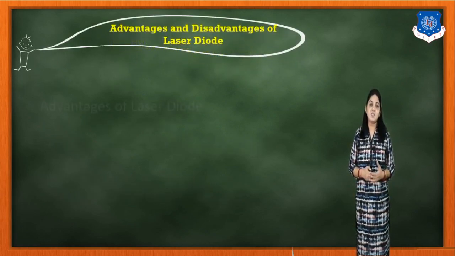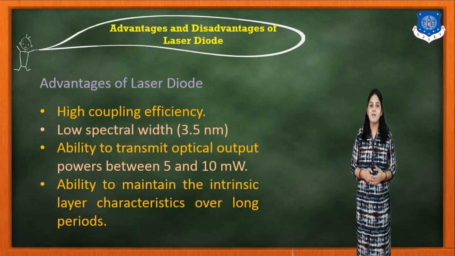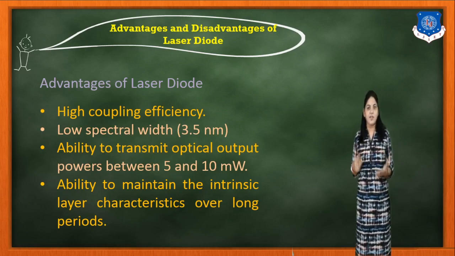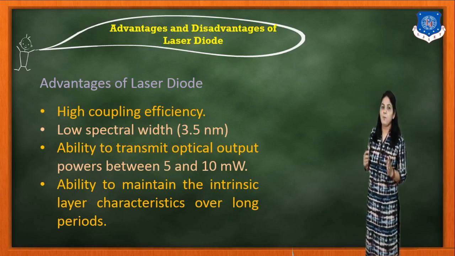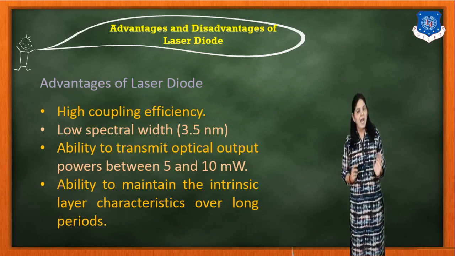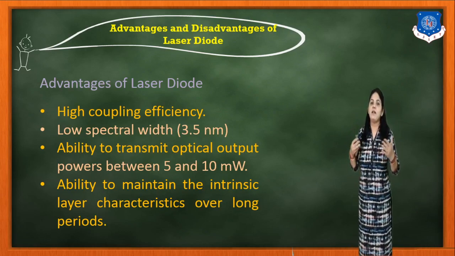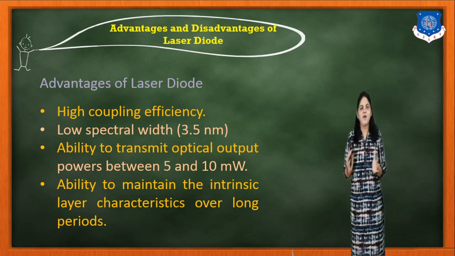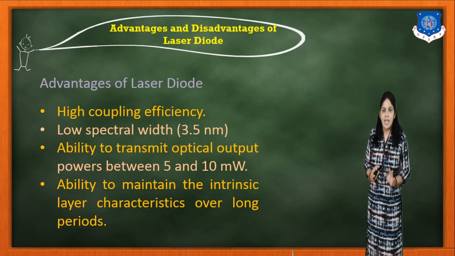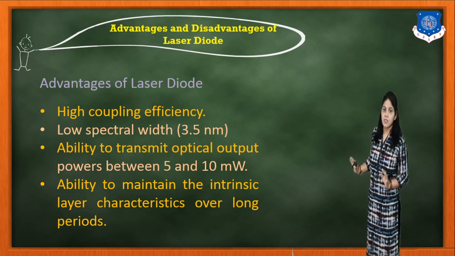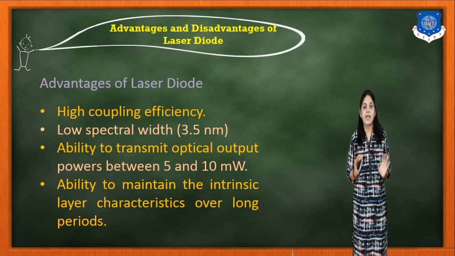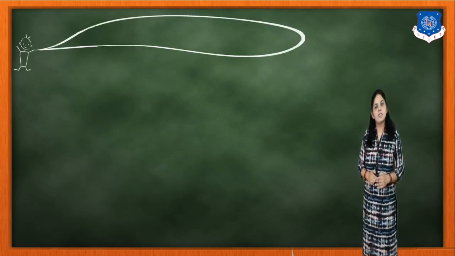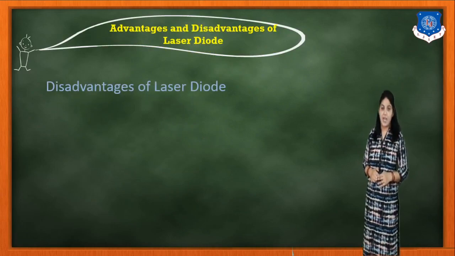Other advantages of the laser diode are the high coupling efficiency, low spectral width, around 3.5 nanometer, and the ability to transmit optical output power between 5 and 10 milliwatt, and the ability to maintain the intrinsic layer characteristics over long periods. So these all are the advantages of the laser diode.